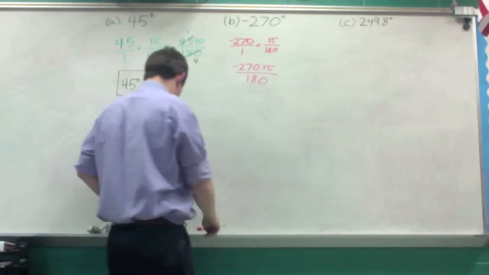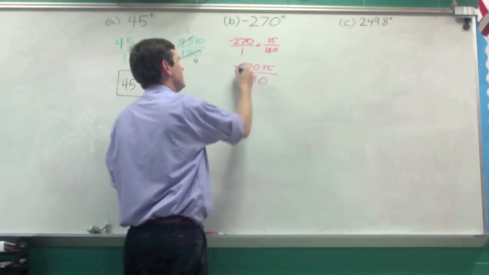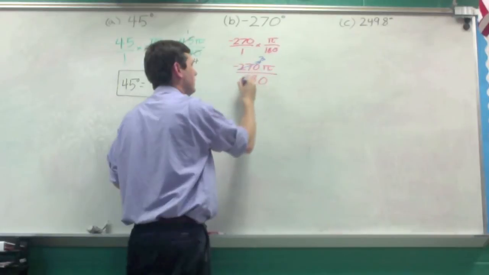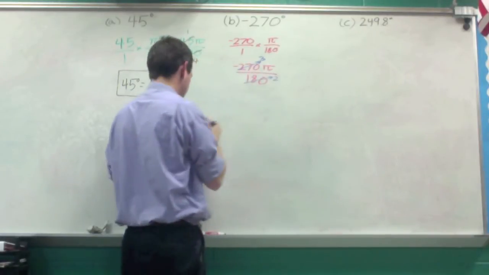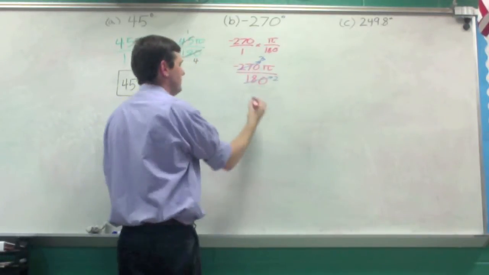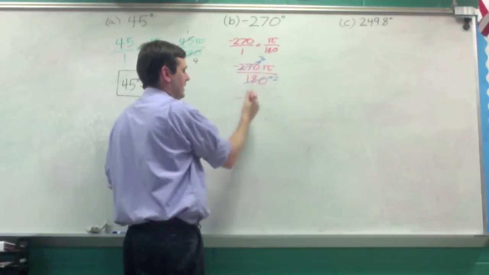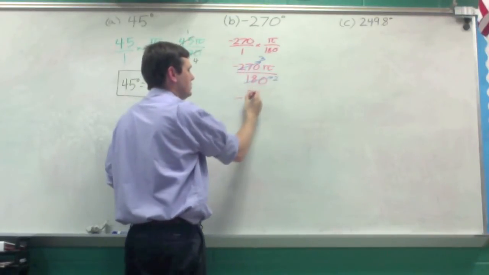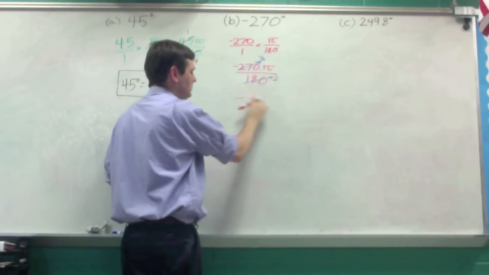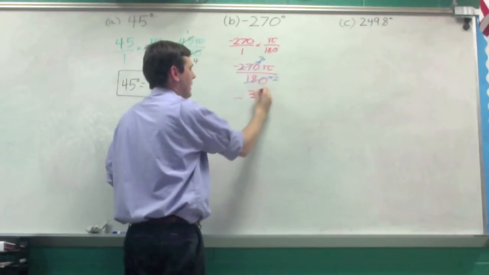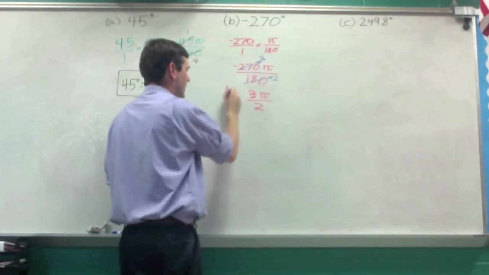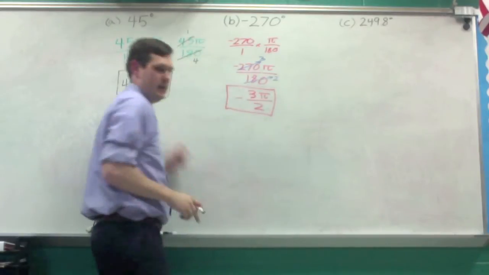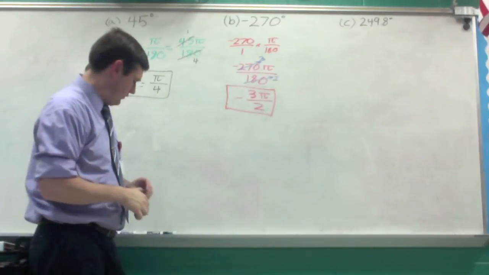It's 90. So this is 3, this is 2. So my fraction becomes negative, because the negative applies to the whole fraction, 3 pi over 2. That is my final answer.